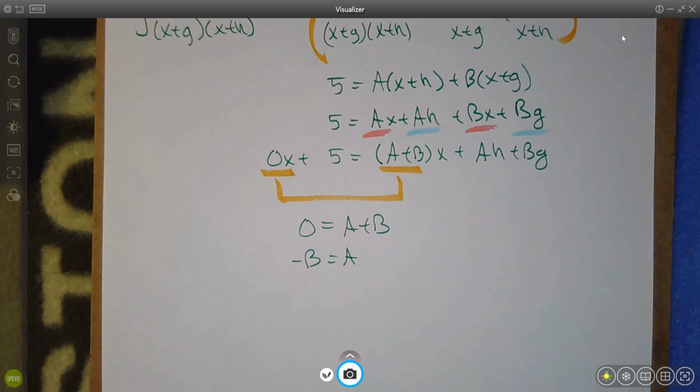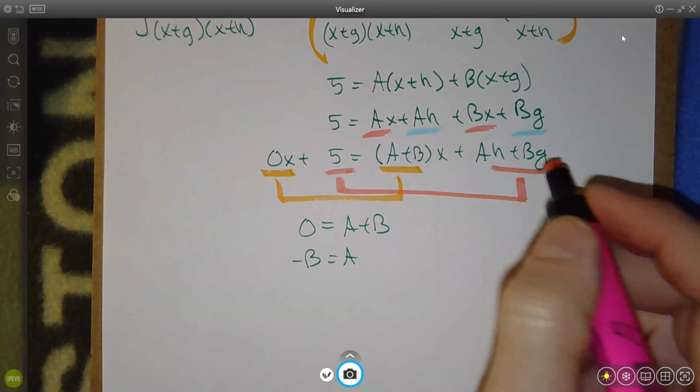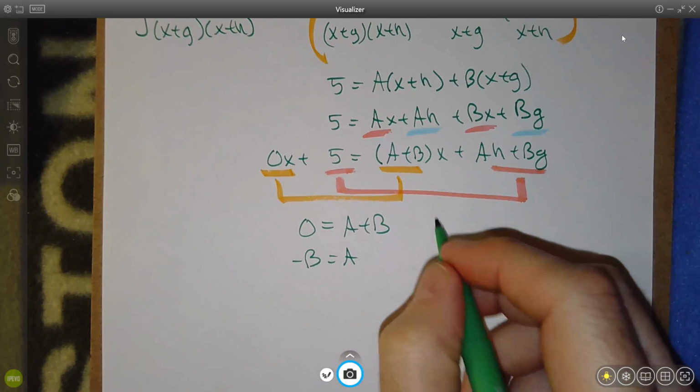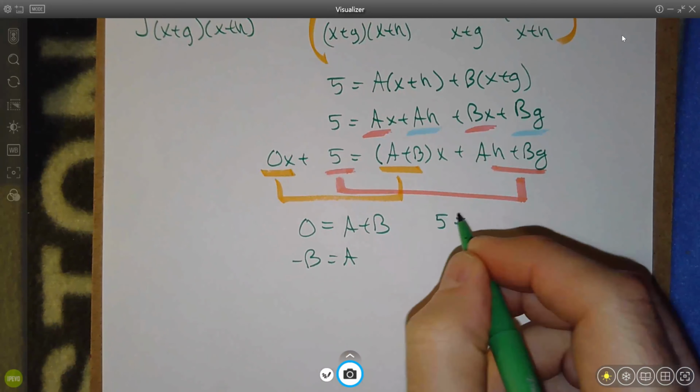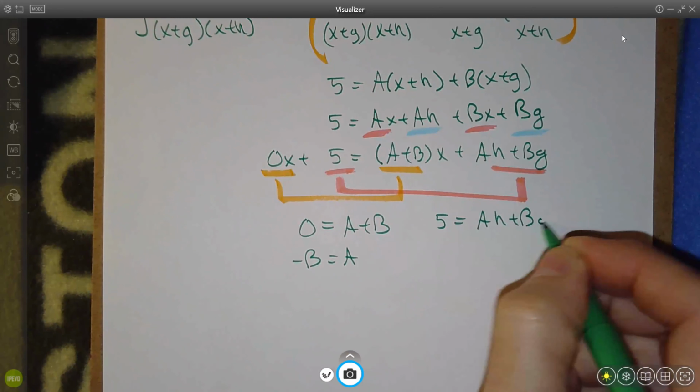Well, I'm hoping that you're getting used to this little trick here. Let's do it one more time. So what I end up with is, let's see, I get 5 equals ah plus bg.